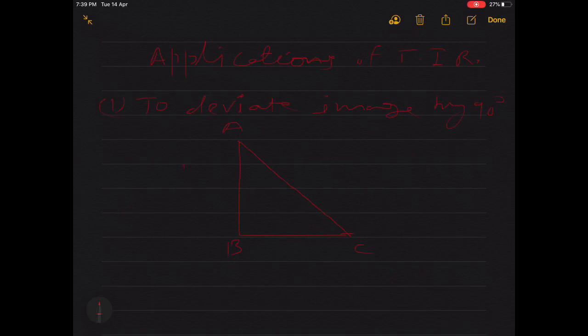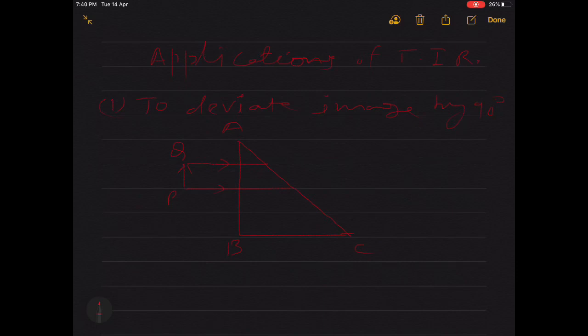Let we have this object PQ, taking two rays originated from these two ends of this object. These two rays are normal to the surface AB, so they go straight without any deviation, because the ray which is normal to the surface always goes straight.